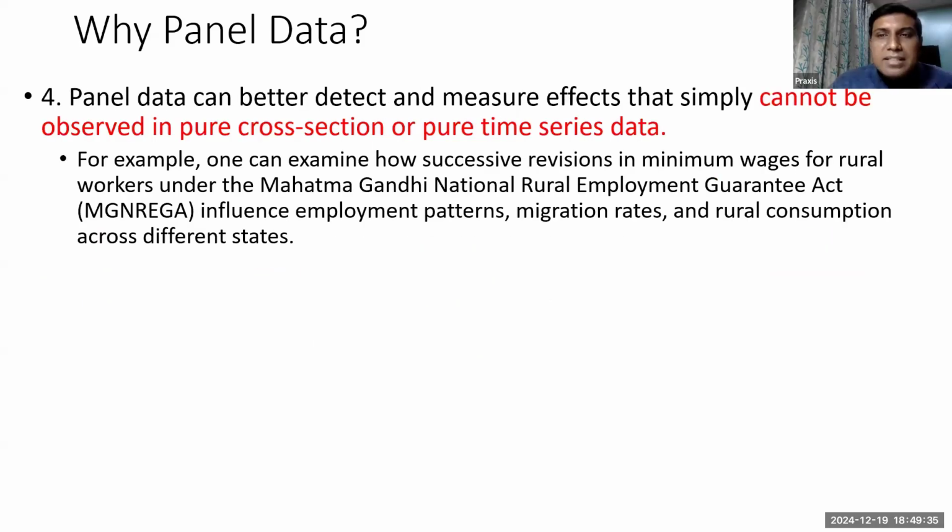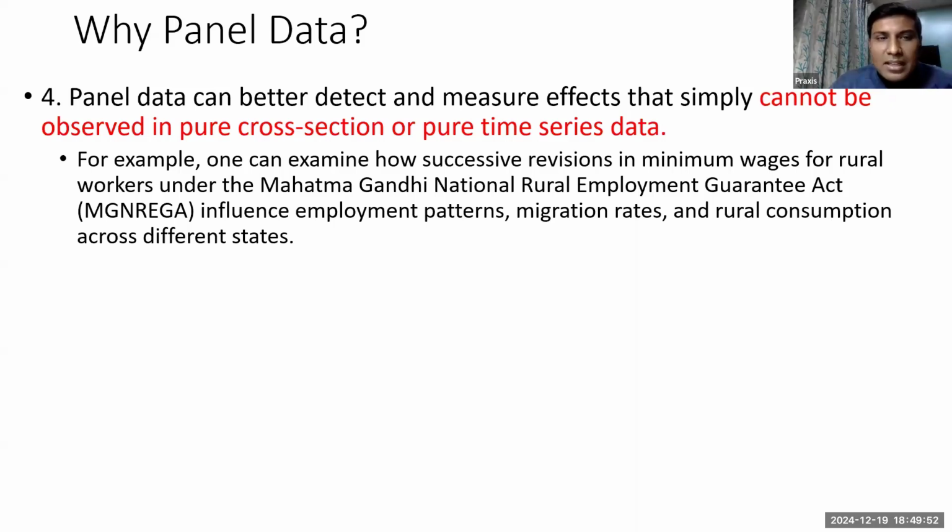And I have given one example, right? If you simply look at time series data or panel cross-sectional data in isolation, then you may not do the analysis that panel data would allow you to do.